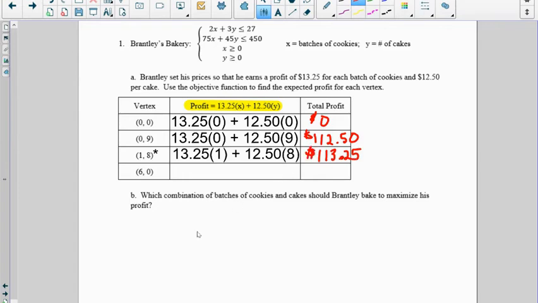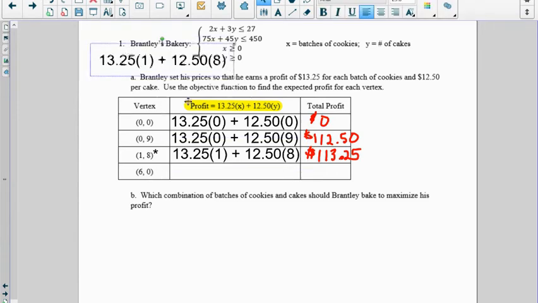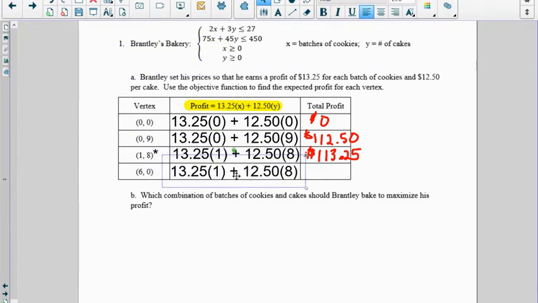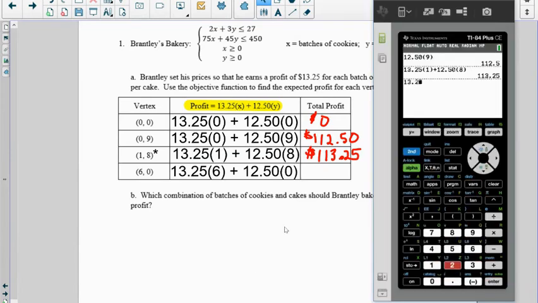And finally, our last vertex to check is at (6, 0). I need to change my numbers here: 6 batches of cookies and 0 cakes. All right, well, I know that 0 cakes is going to be a profit of $0, but I don't know how much $13.25 times 6 batches of cookies would be.